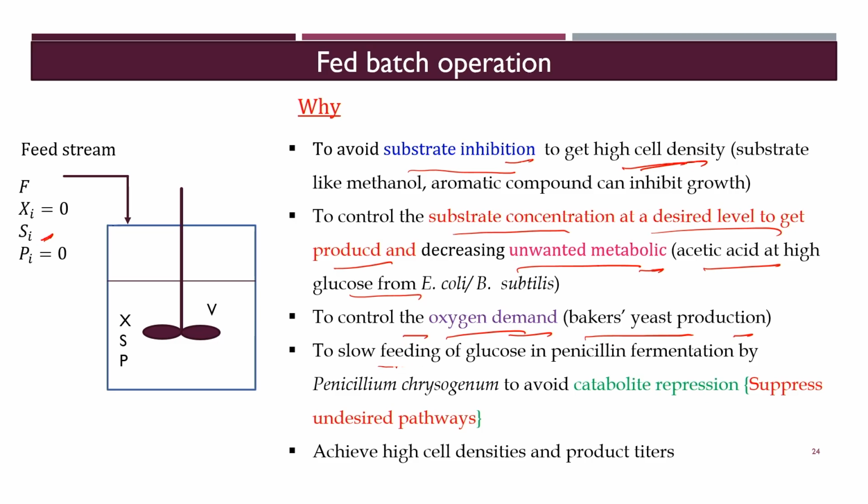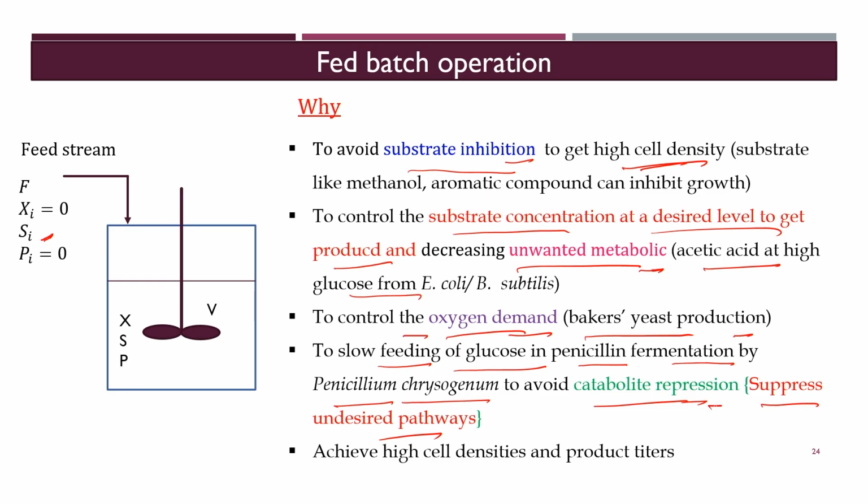Next is slow feeding of glucose in penicillin fermentation by Penicillium chrysogenum. This avoids the catabolic repression, or you can say it suppresses the undesired pathway.